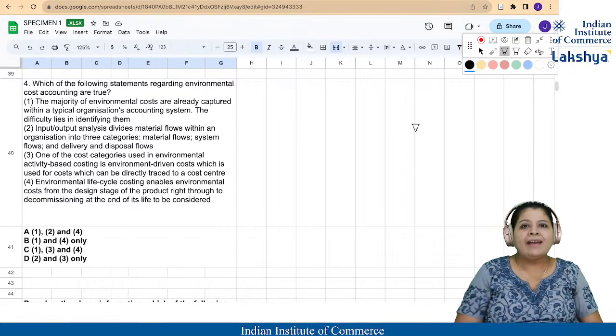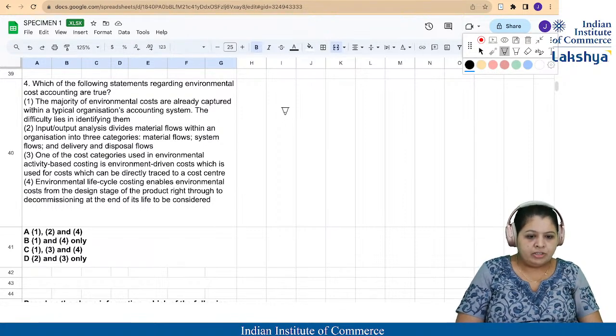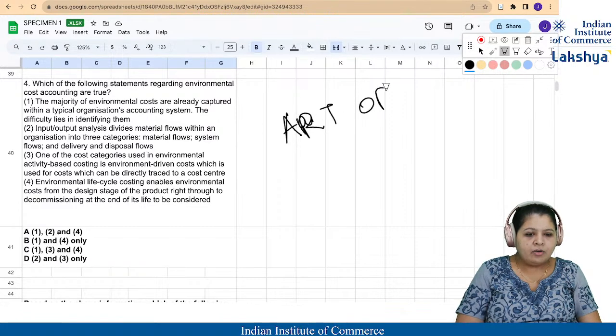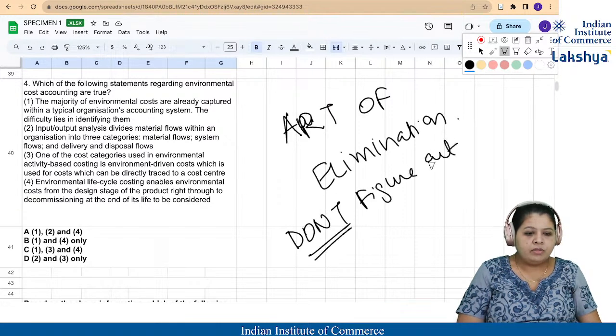So whenever you have a theory question, just understand the art of elimination, right? Theory needs the art of elimination. Don't figure out the correct answer.